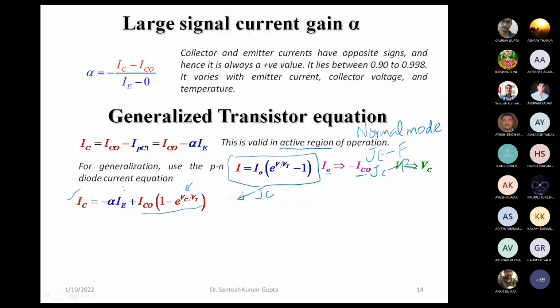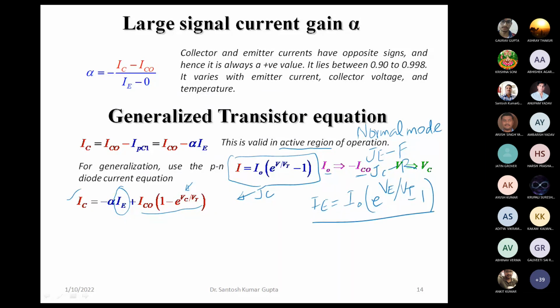IE, in another way, can also be written as I naught times the diode current exponential in V. Here V may be replaced by VE, the emitter forward bias voltage, e to the power VE over VT minus 1.